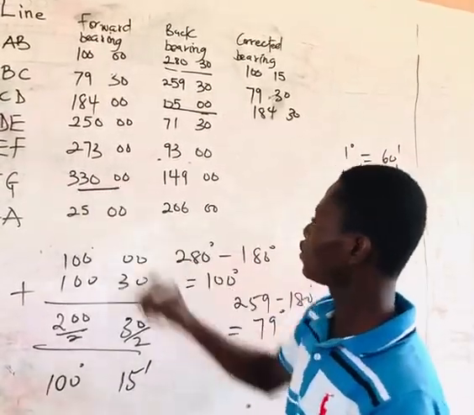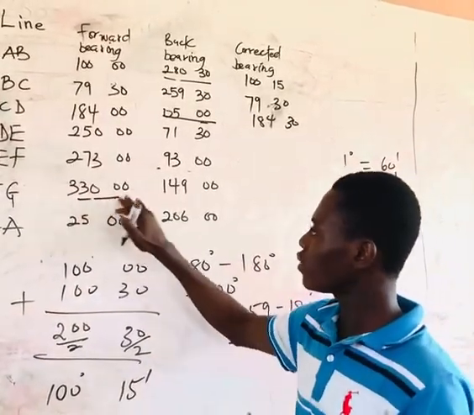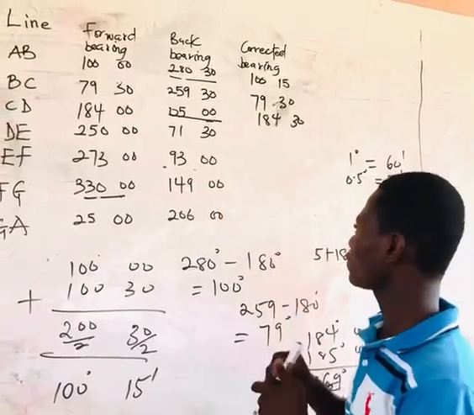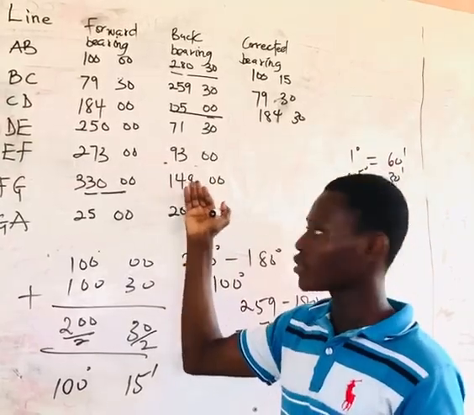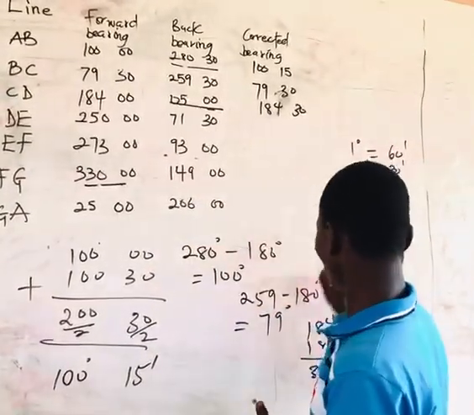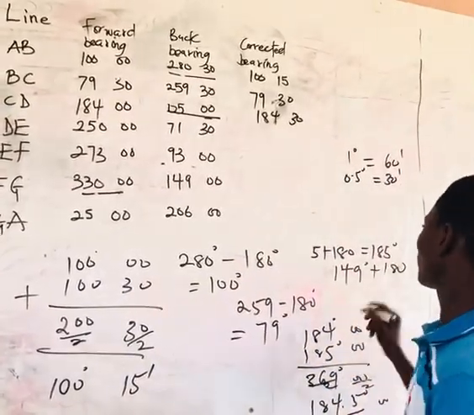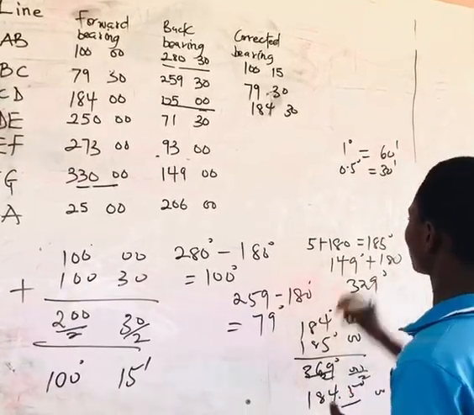With FG, the forward bearing is 330 degrees 0 minutes, and the backward bearing is 149 degrees 0 minutes. You have to find the forward bearing from this by adding 180 because it's less than 180. So 149 degrees plus 180 degrees gives you 329 degrees.